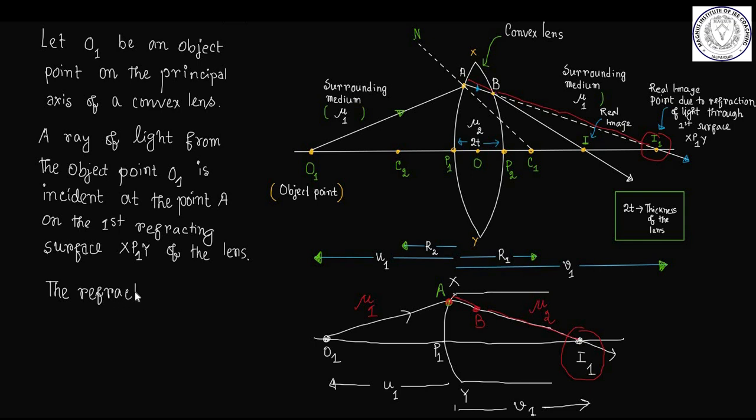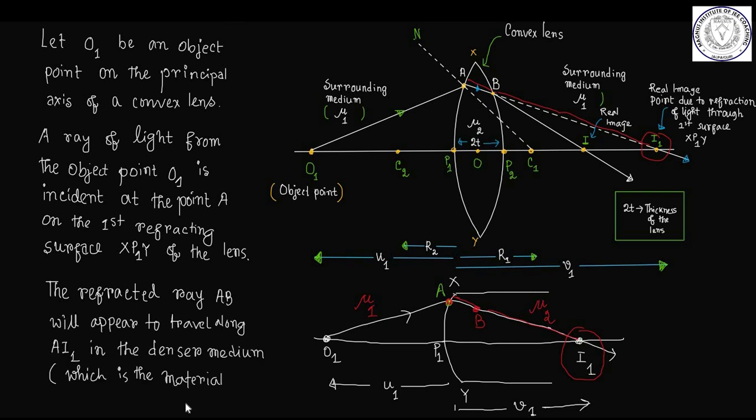The refracted ray AB will appear to travel along AI1 in the denser medium of refractive index mu2, which is the material of the lens.